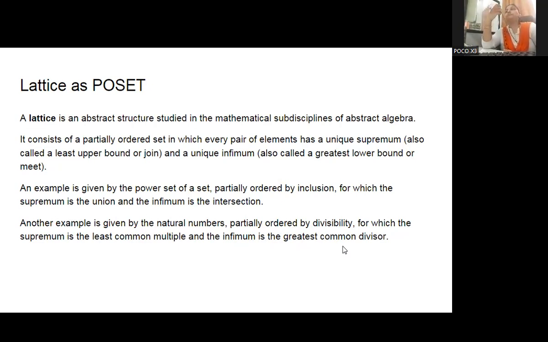Those are the examples of these lattices. In that, the supremum is LCM and infimum is GCD, the second element of this partially ordered pair.